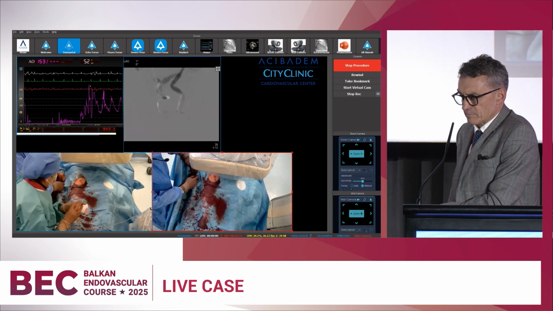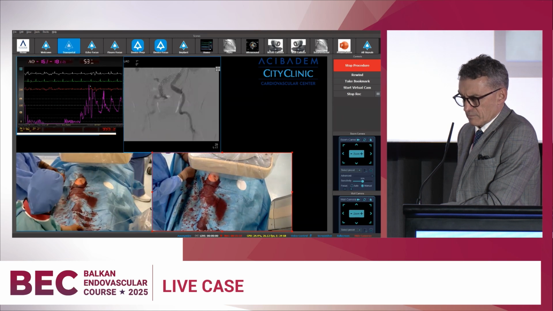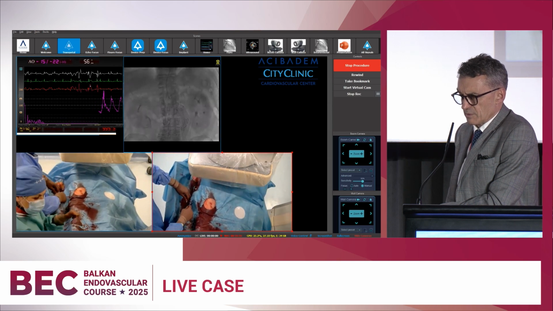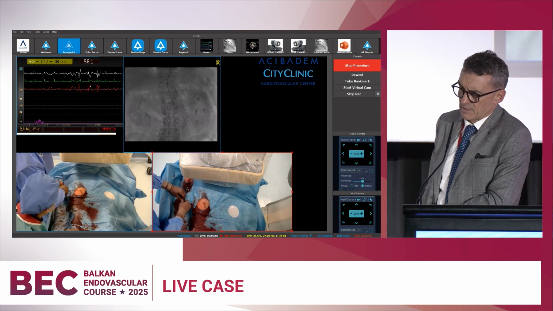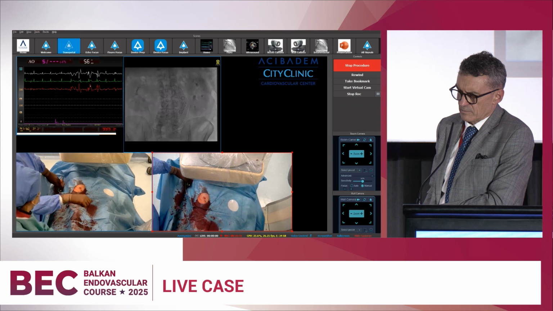And I replace the pigtail inside on the main body. Yeah, it's also a very good idea, because now I lose contrast in the visceral and renal arteries. Yeah, I think this position of the pigtail is excellent.